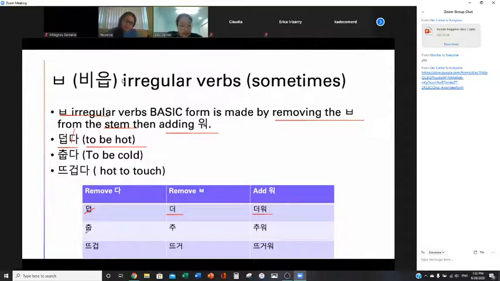Same thing right here. 춥다, to be cold. You remove the 다, then remove the 비읍, and then you add 워, 추워. Same thing right here. You remove the 다 and you're left with the stem 뜨겁, but it's irregular, so 비읍 is removed, 뜨거, and then you add 워, 뜨거워.